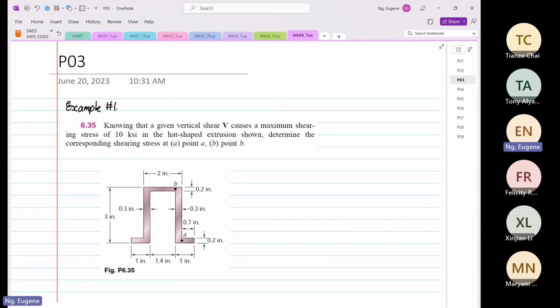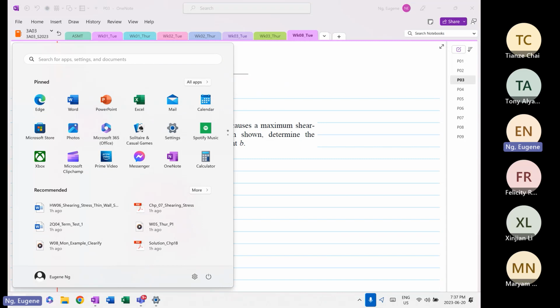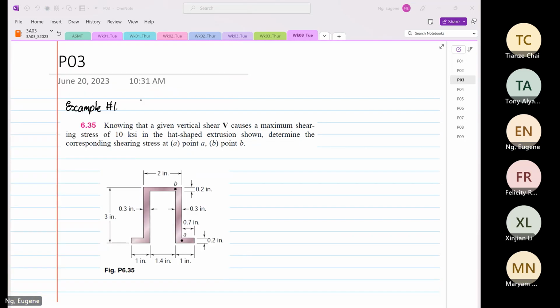If I were to happen to go to the textbook, give me a minute. If we were to go into the textbook, we are now dealing with chapter 6, I think.